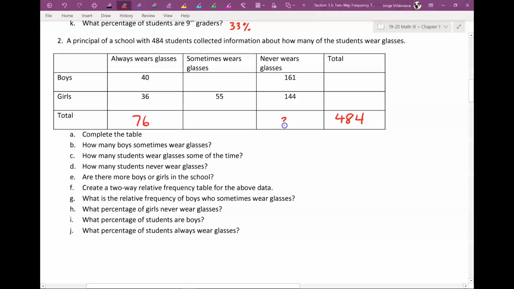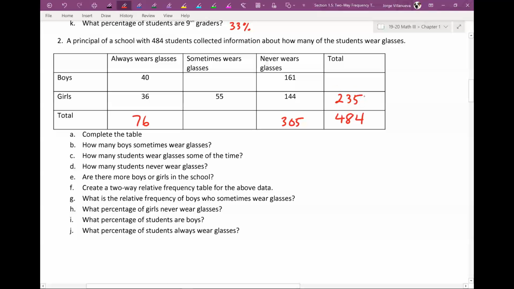So that's 305. Okay? Now, I can also add across the total number of girls. 36 plus 55 plus 144. I can add that up. That comes out to 235.